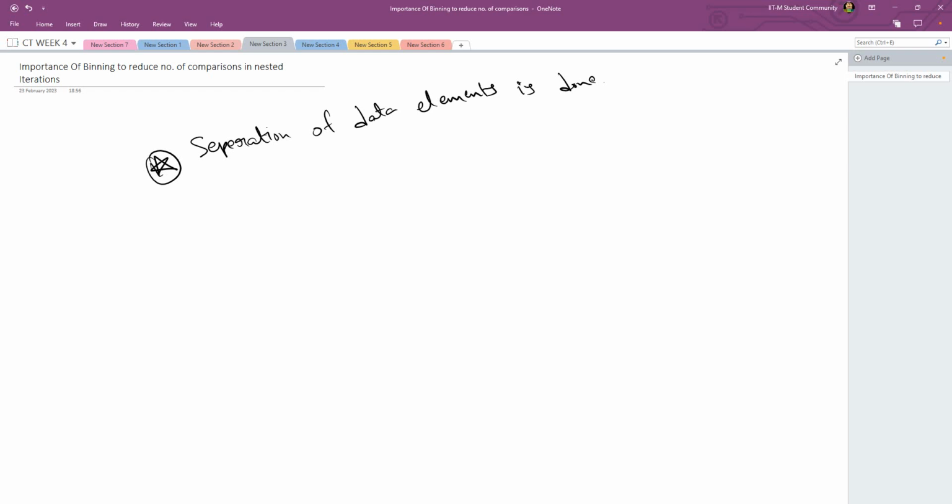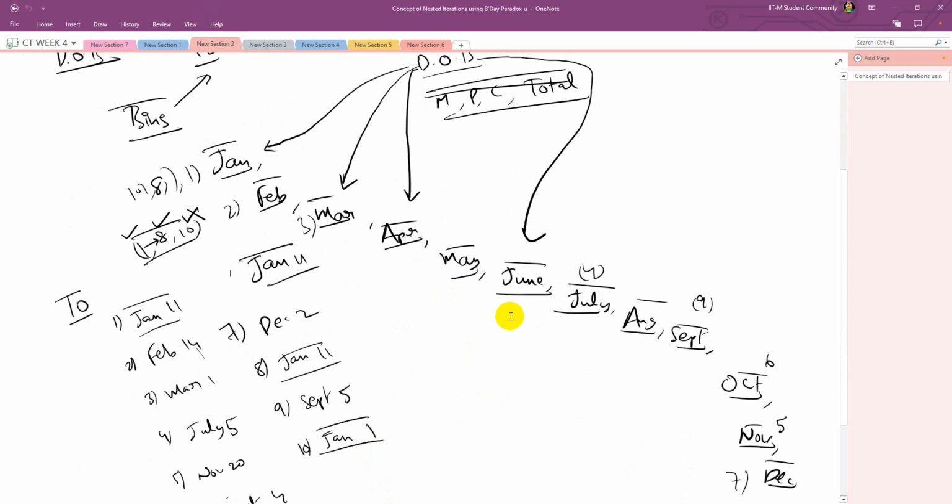It should be based on some criteria. Based on some criteria only, we need to separate the data elements. Criteria means, in the previous explanation, the criteria were months in a year: January, February, March, April.